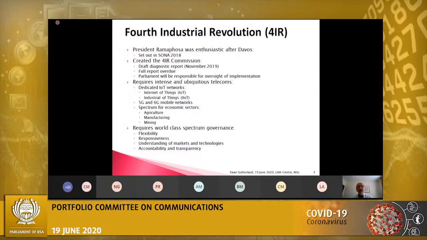So can we get the information about the uses in, say, the agricultural sector and rural coverage? Do we have the detailed knowledge of that? And then whoever's in charge of this, can they be held accountable and transparent? Can they be dragged in before your committee to answer questions about them?